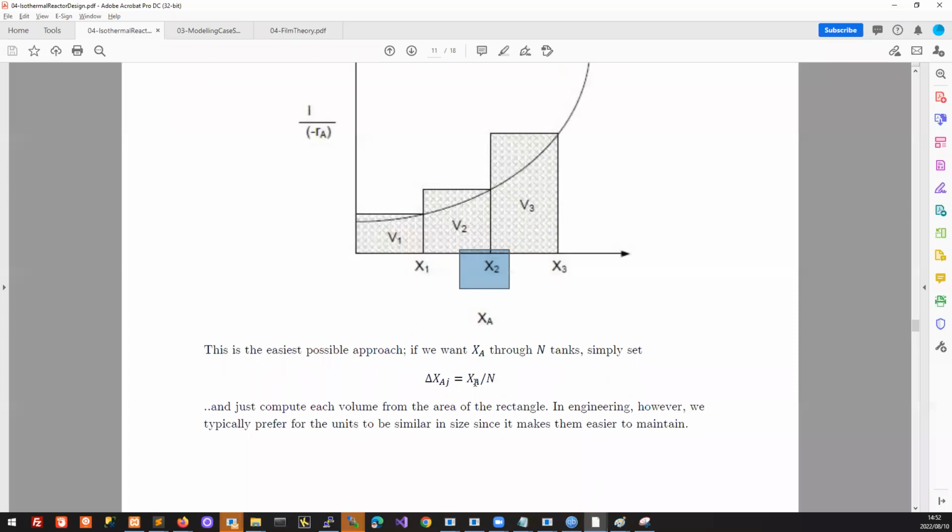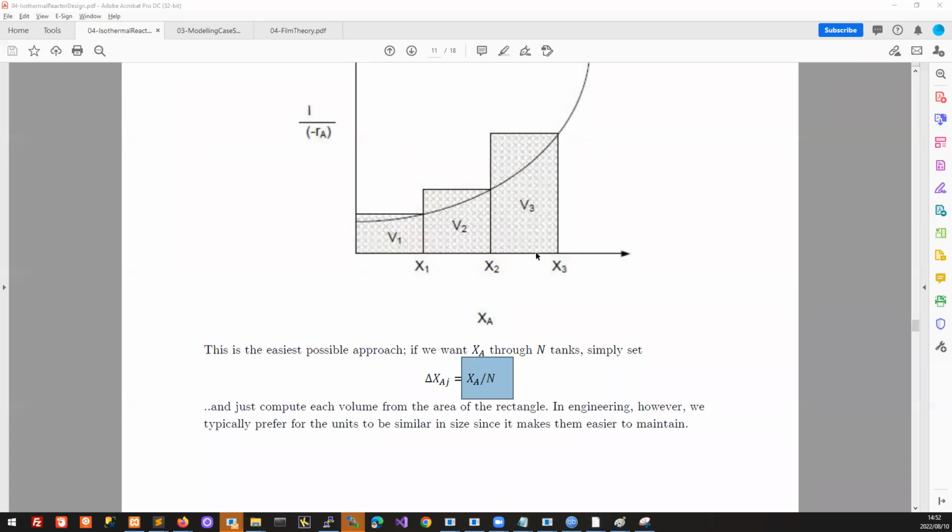Then we can say the conversion we achieve in each CSTR is simply the overall desired conversion divided by the total number of CSTRs. So if we've chosen we want 3 CSTRs and we want a conversion of 0.9, then 0.9 divided by 3, we need 0.3 of a conversion in each CSTR, right?